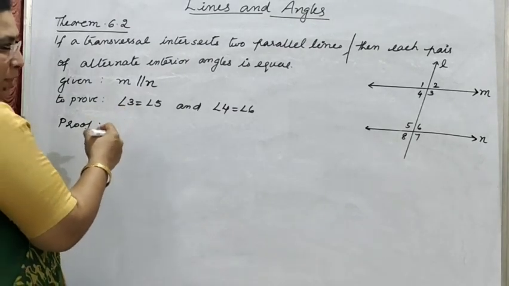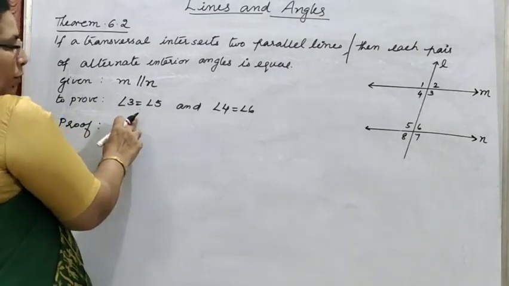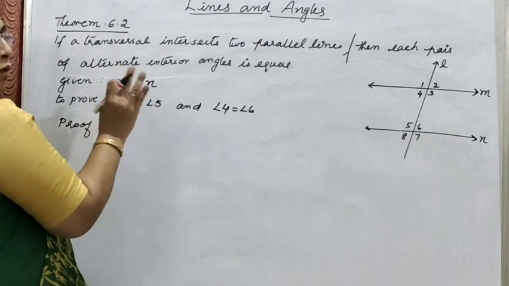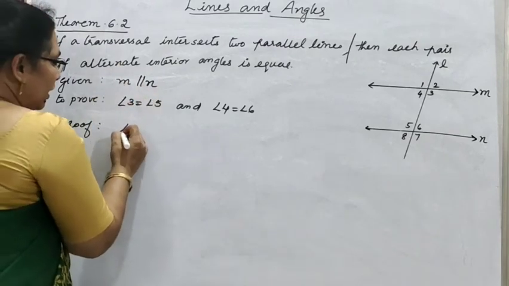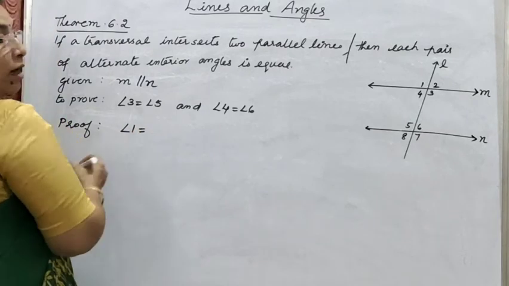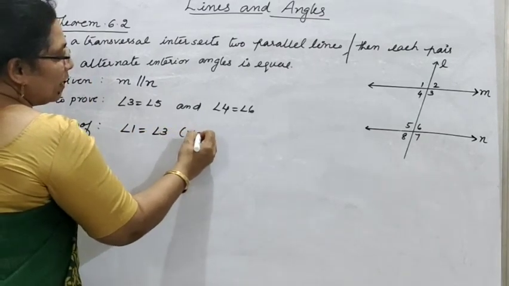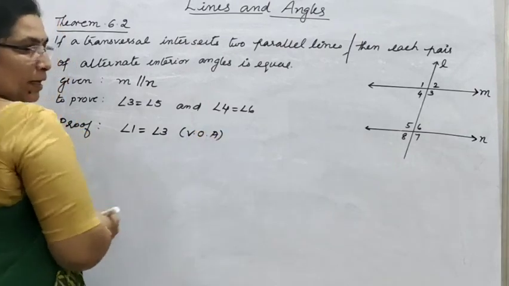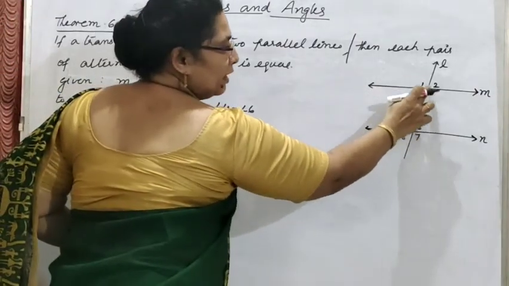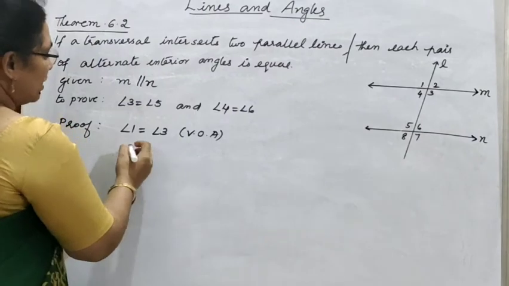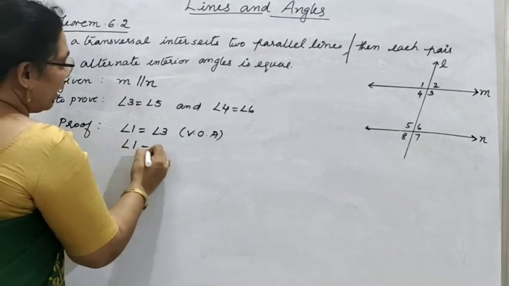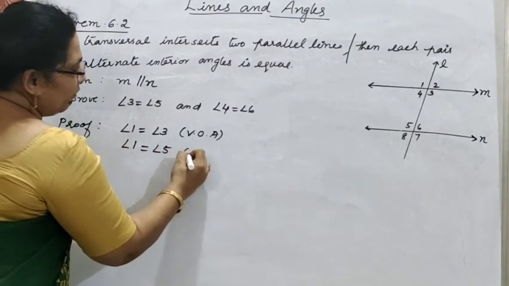Now the first step is that 3 and 5 should come, so we should correlate angles 3 and 5. Angle 1 is equal to angle 3 by vertically opposite angles, right? Angles 1 and 3 are vertically opposite angles. Now I can write angle 1 equal to angle 5 because of which criteria?